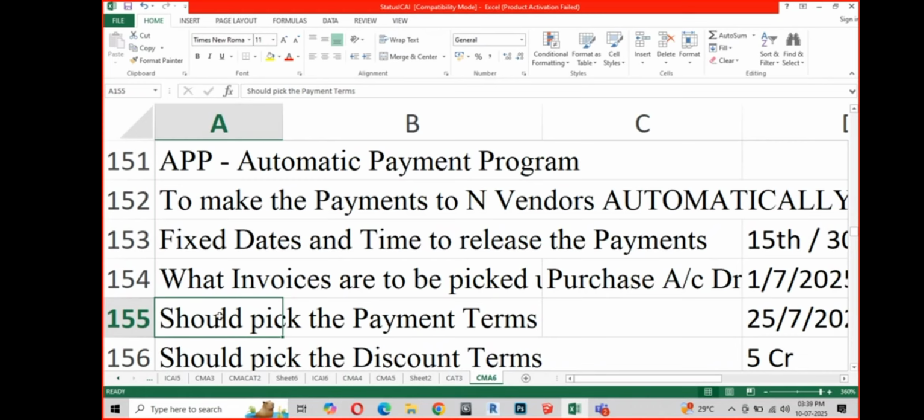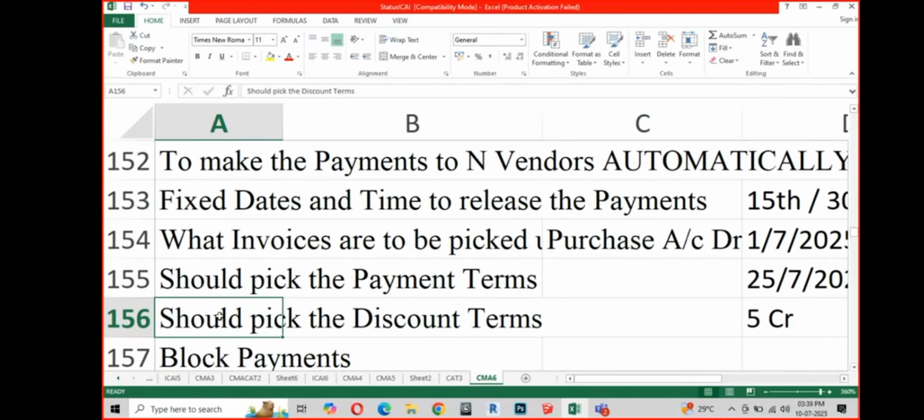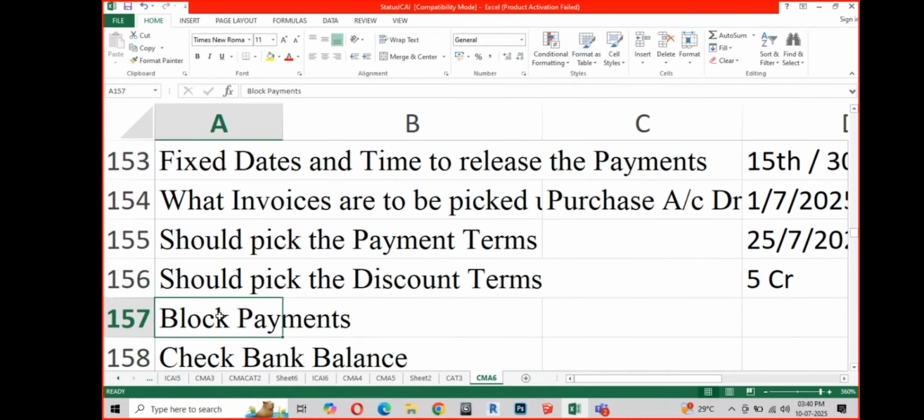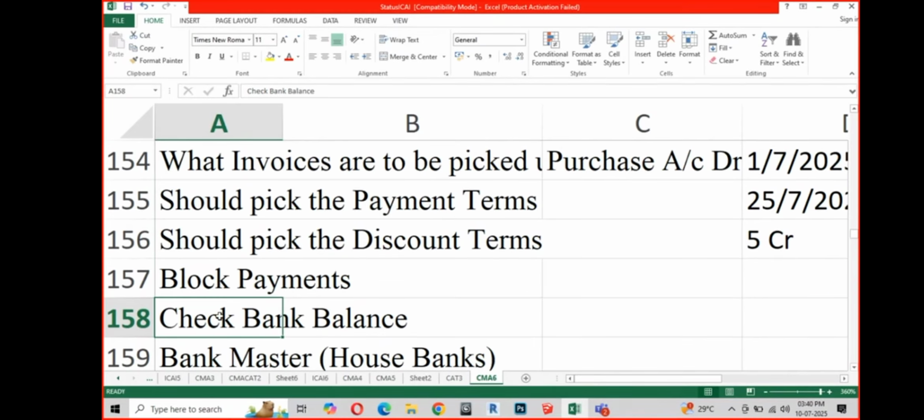The program should also be able to block the payments for certain vendors who are not up to the mark. It should also ensure that enough money is available in the bank to carry out the payment.